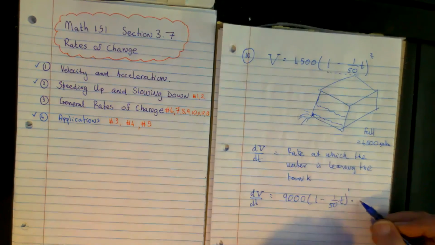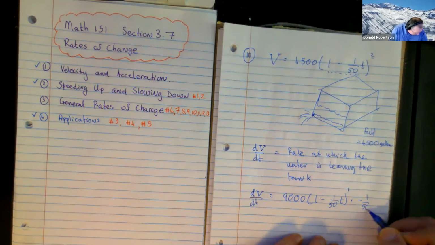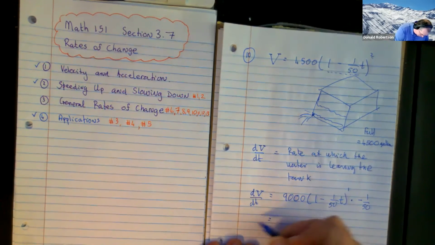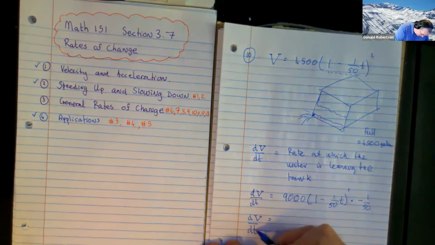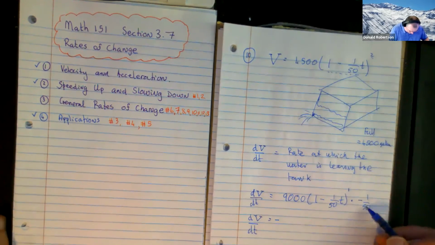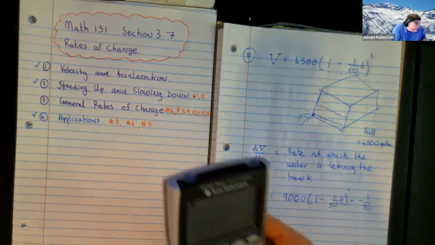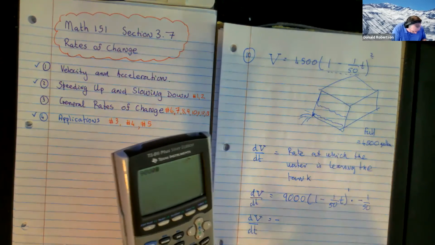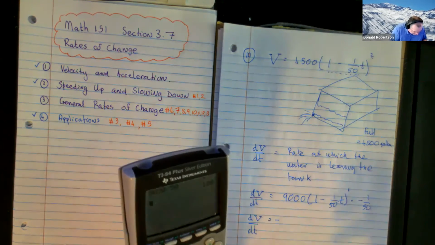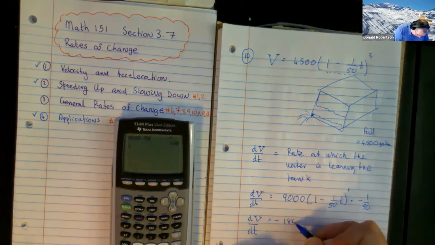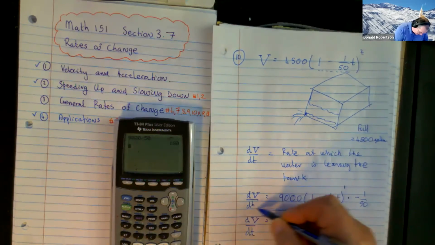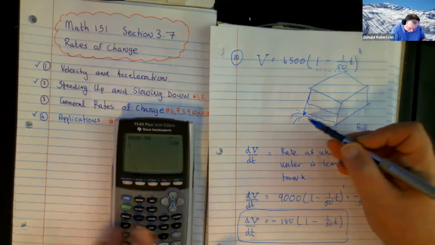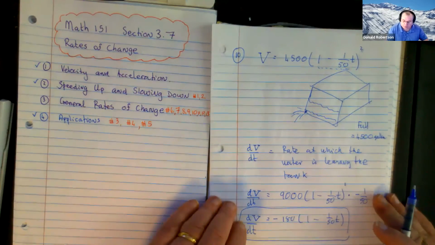Negative 1/50th. And that makes my answer to the rate of change of the volume negative. That and that can simplify, so I'll just figure out what that is. 9,000 divided by 50 comes out to be 180. 1 take away 1/50th t. So that tells me the rate at which the water is shooting out that hole.